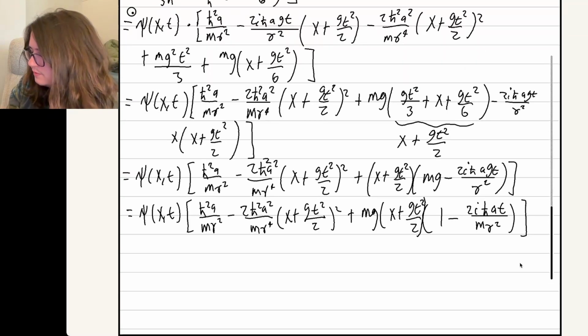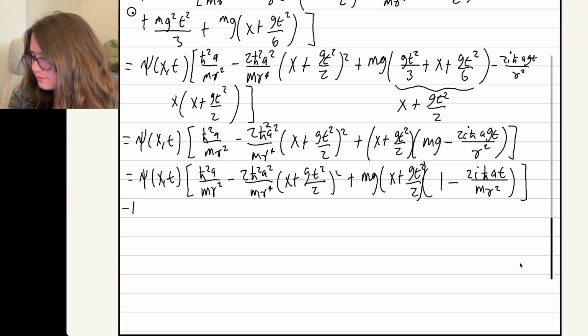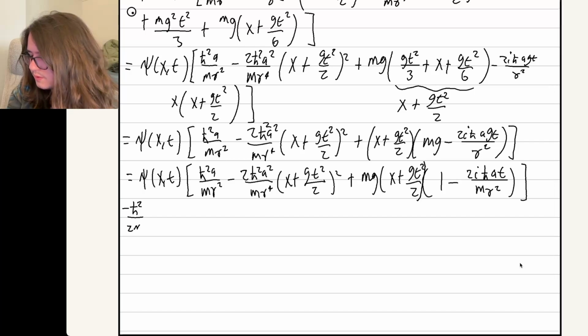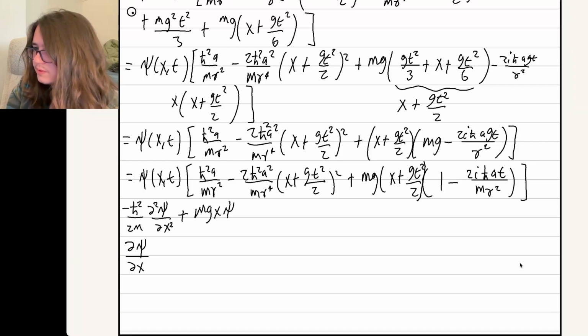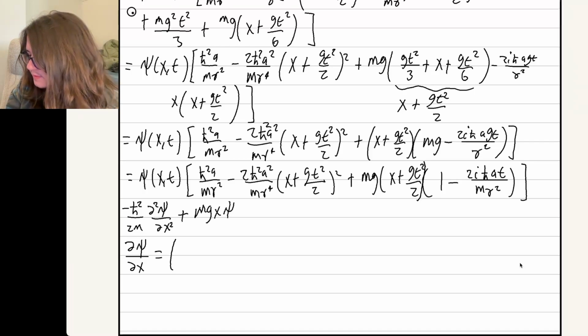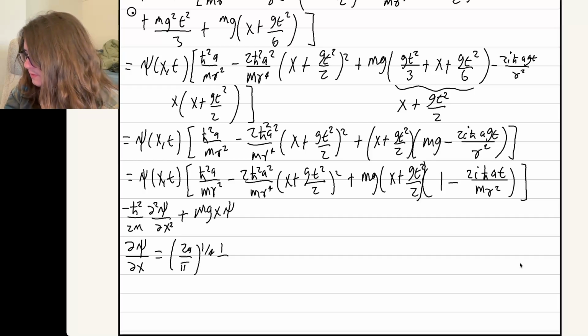And we're going to move on to the right-hand side of the Schrodinger equation, which I'll remind you is minus h bar squared over 2m del squared psi del x squared plus m g x psi. So let's start by taking the first derivative of psi with respect to x, which is going to be a little bit crazy, but it's going to be 2a over pi to the 1/4 times 1 over gamma times the exponent again.